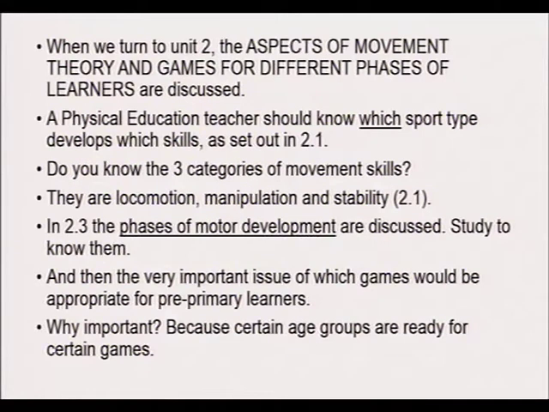When we turn to Unit 2, the aspects of movement theory and games for different phases of learners are discussed. A physical education teacher should know which sport type develop which skills, as set out in 2.1. Do you know the 3 categories of movement skills?